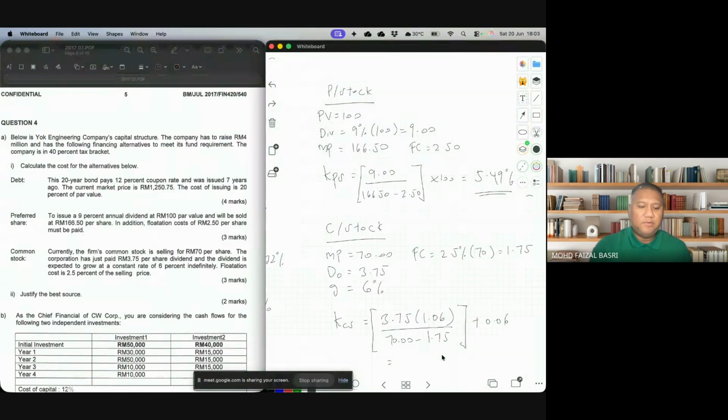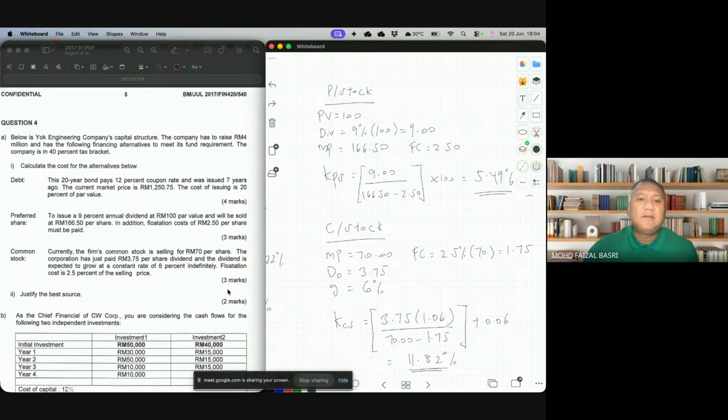So 3.75 times 1.06, you get 3.975, and then divide by RM70 minus 1.75, plus 6%. Darab 100 lah untuk convert percentage. So for common stock, it's the most expensive one, 11.82%. Okay, 11.82%. So technically, kita dah calculate 4 marks untuk that, 3 marks for preferred, and 3 marks for common.